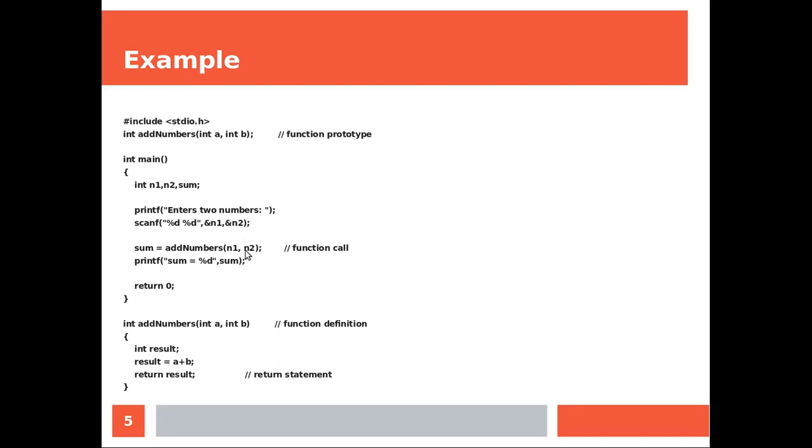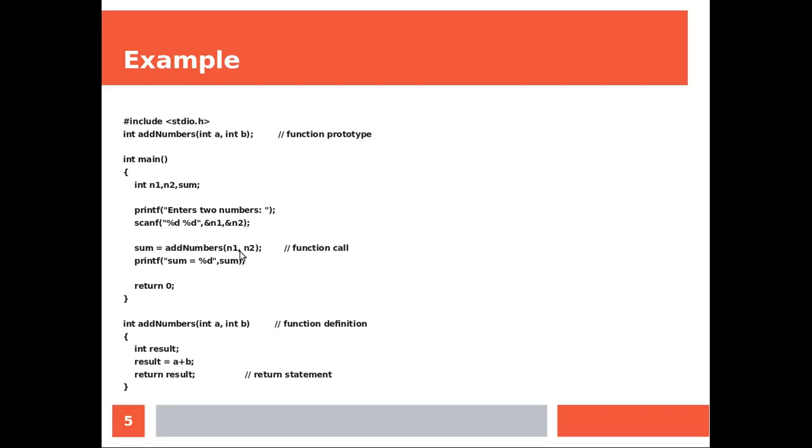These two numbers are passed to the function defined here, add numbers. This function will calculate the result, that is the sum, and this result will be returned to the main program, and the sum will get the value of this result, and we are printing the sum.